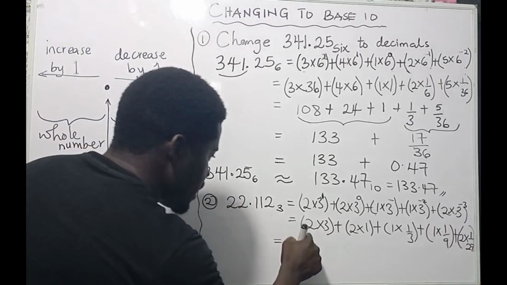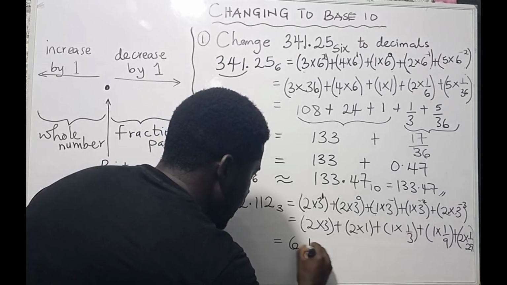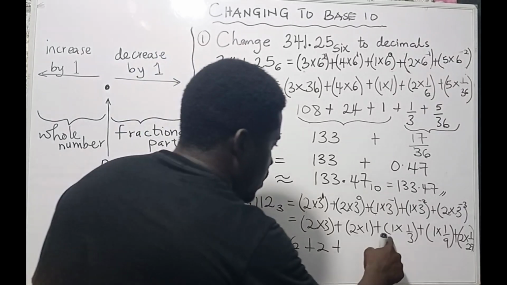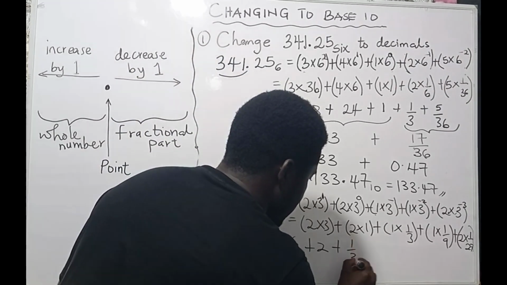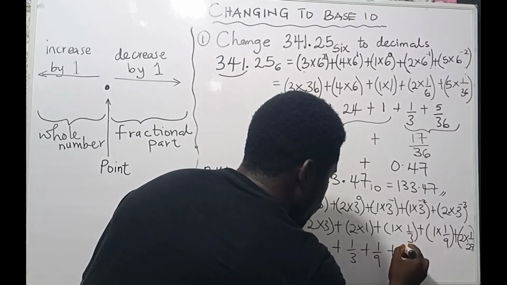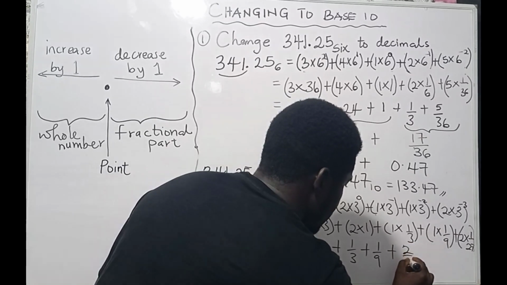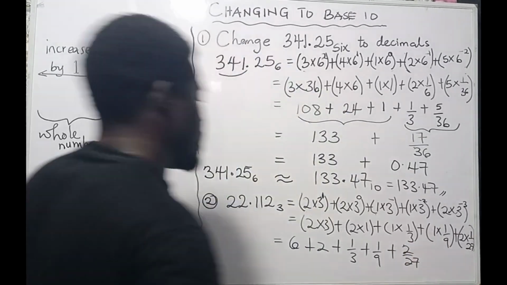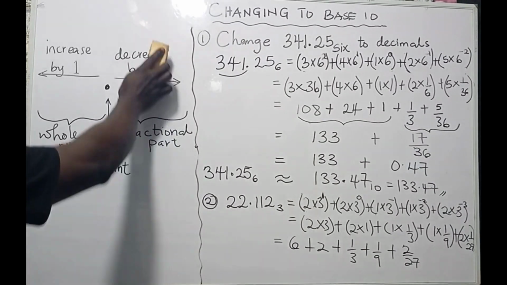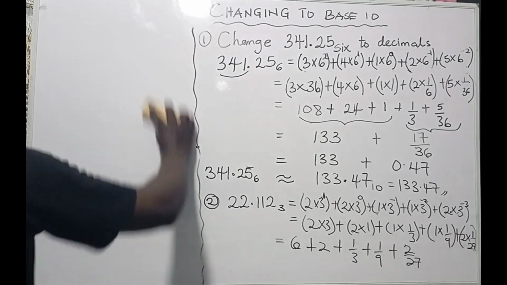Now we can say that 2 times 3 is 6, plus 2 times 1, which is 2, plus 1 times 1 over 3 is 1 over 3, plus 1 over 9, plus 2 over 27. This is what we are having at this point. Let's clean this since we have established what we want.